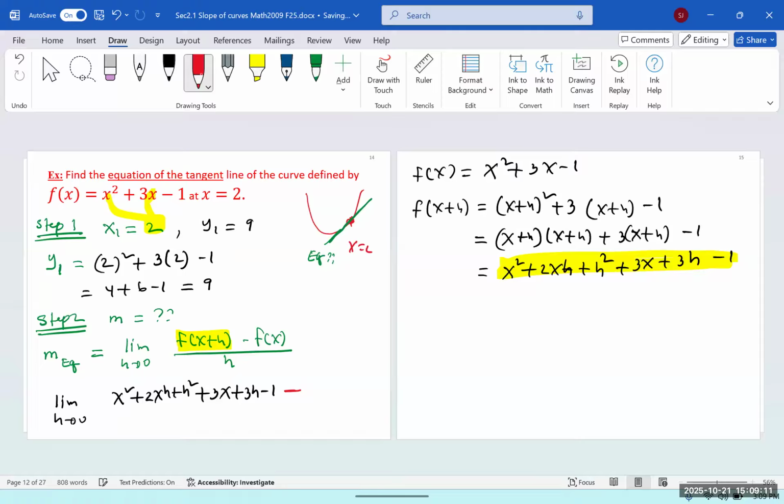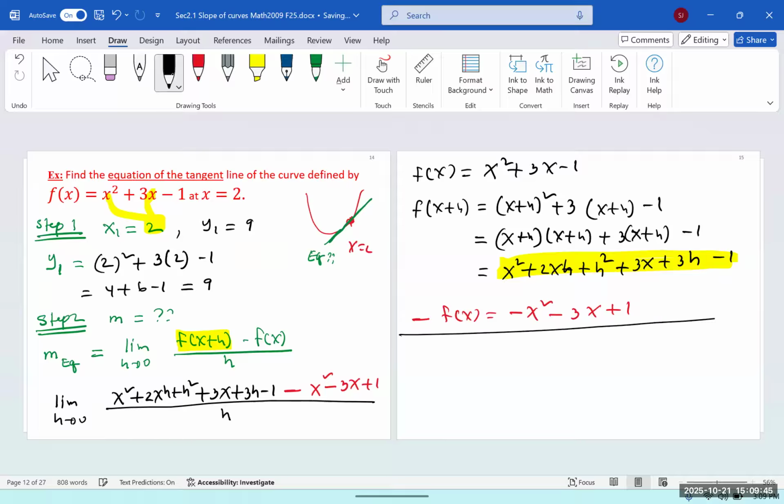When you subtract f of x, what happens to all the signs? They swap, they change. So negative f of x means negative x squared, negative 3x, positive 1. So that entire thing goes here, negative x squared minus 3x plus 1. Whole thing divided by h. So this was extra.